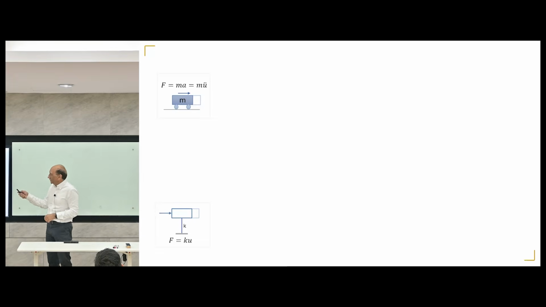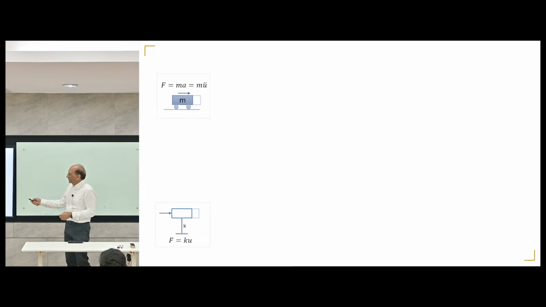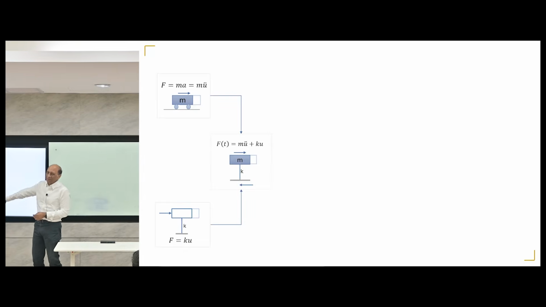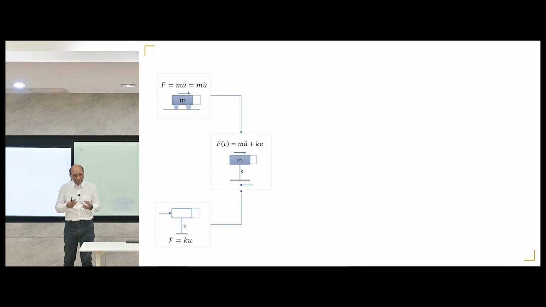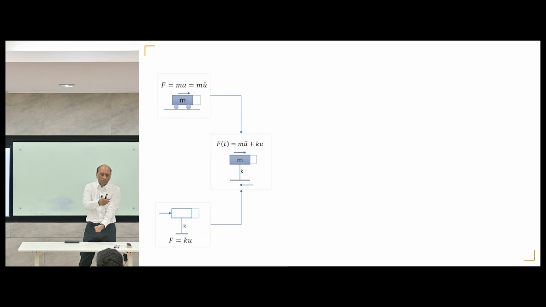Both are good in their own way, but one is static equilibrium and one is bodies in motion, right? Once you combine them together, comes this combined equation. The body is trying to move like a free body, but you also hold it, and the mass is also there.